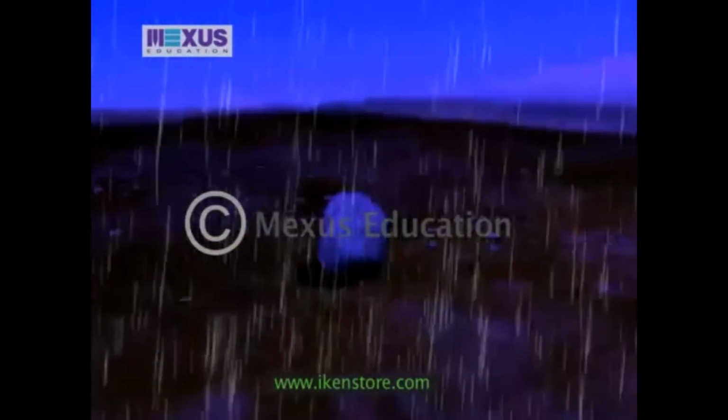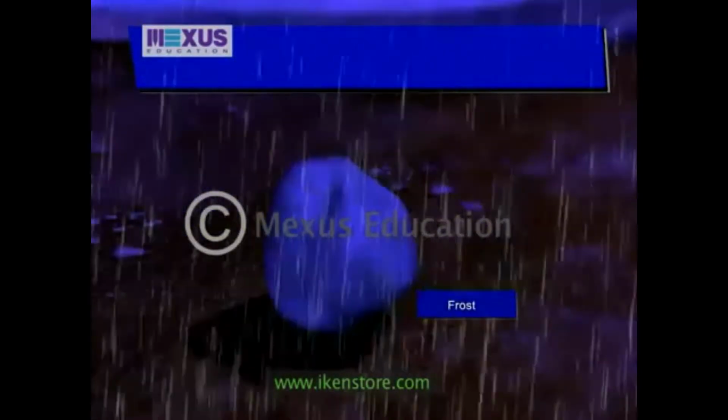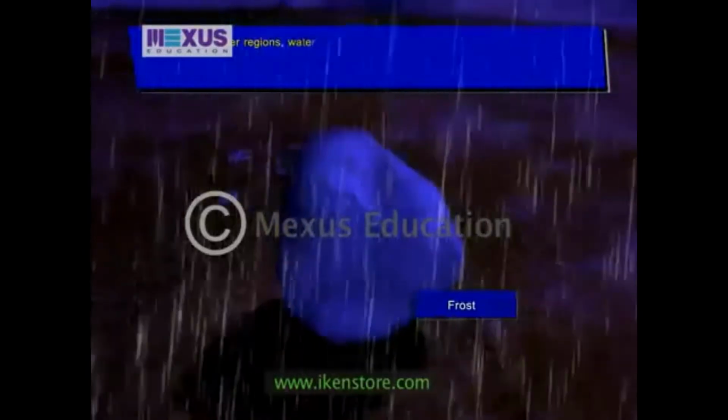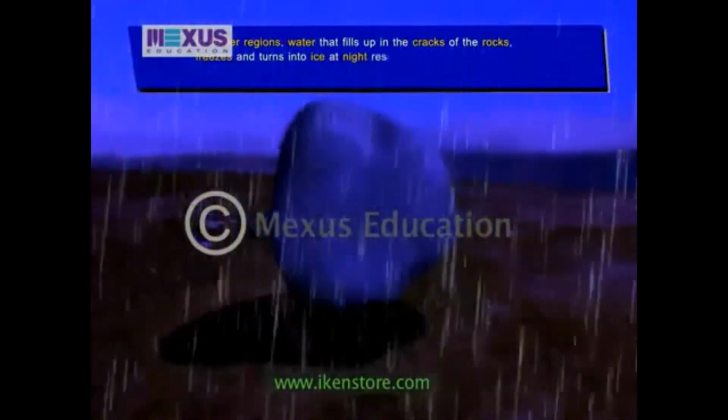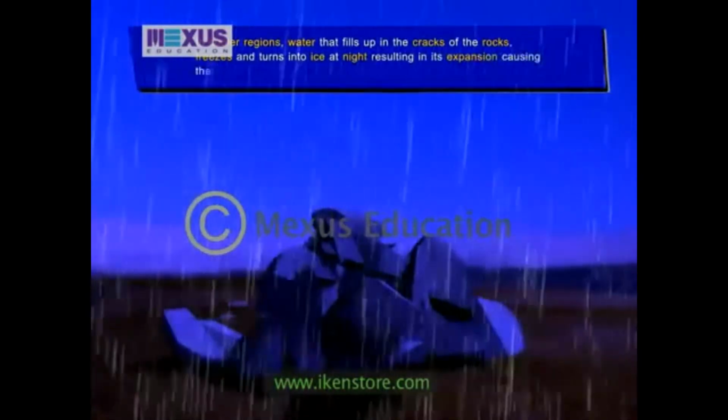Another factor that causes mechanical weathering is frost. In cooler regions, water that fills up in the cracks of the rocks freezes and turns into ice at night. Freezing of water results in its expansion by about 1/10 of its volume, which causes rocks to crack.